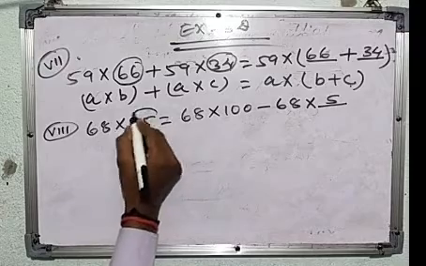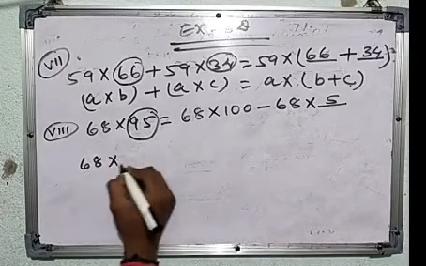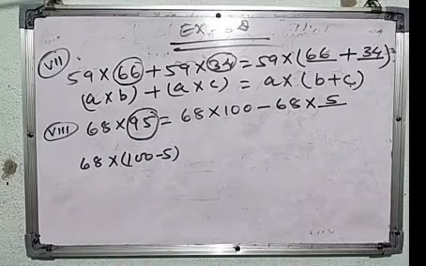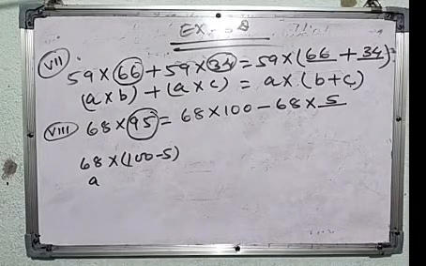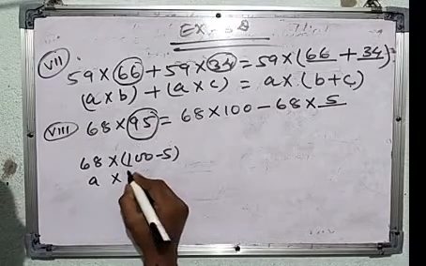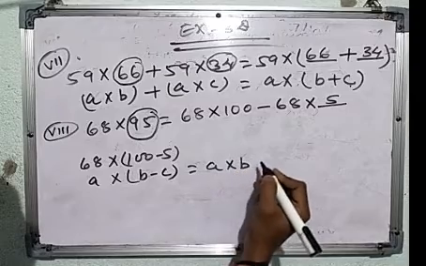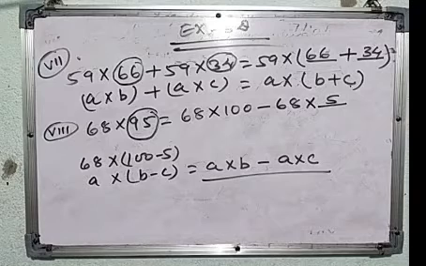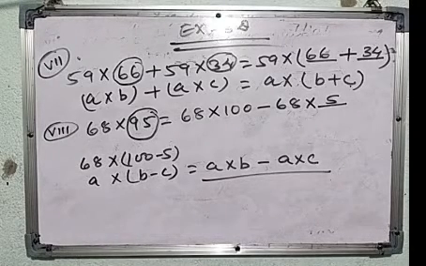Because if you take here 95, you write 68 into 100 minus 5. So it is form of distributive law over subtraction. A into (B minus C) equal to A into B minus A into C. So you write here in blank 5.